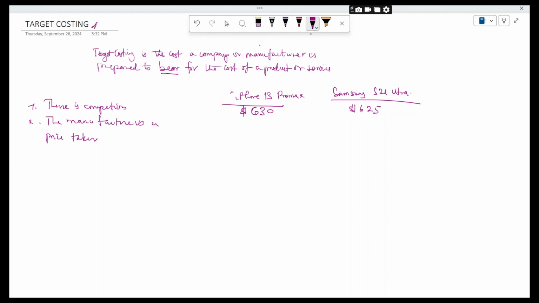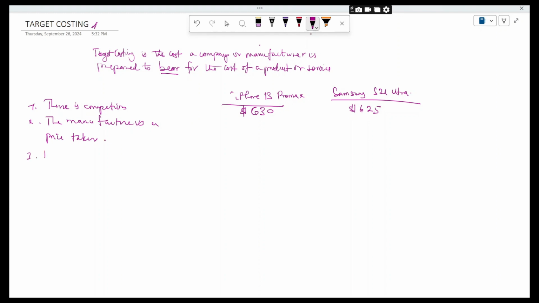What this means is that since there is competition, and the competition is based on price, and the market has several substitutes, the manufacturer cannot increase price exponentially. Consumers will switch to other products.